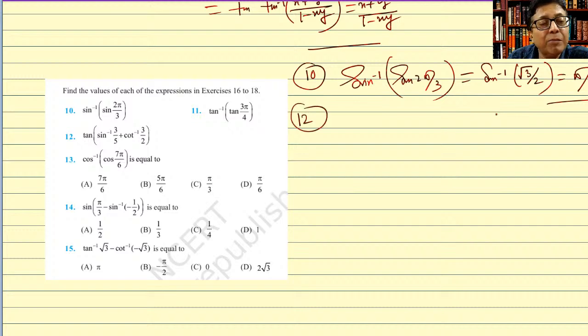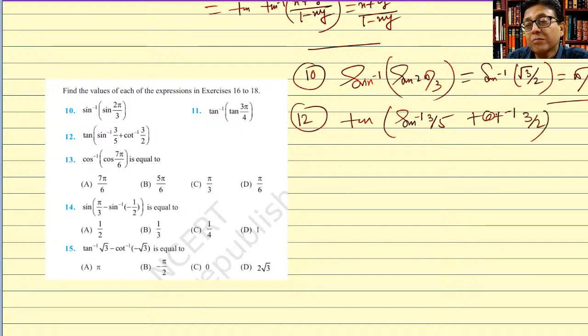Similarly, number 11, number 12. Whenever this kind of thing is there, you need to convert everything into tan inverse. This is my suggestion for you. How to?